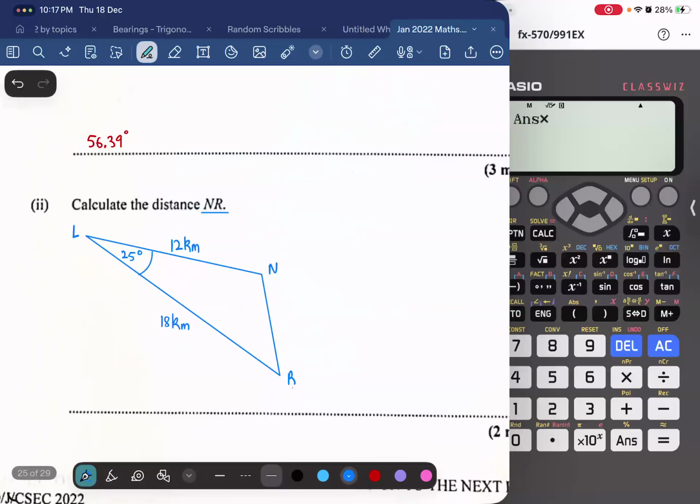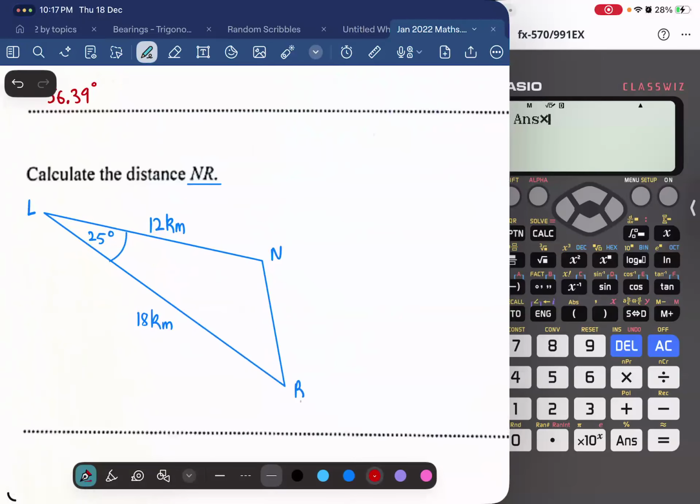Alright? So guys, if this is angle L, what do you think this could be? This will be side L. Nice. If this is angle N, what do you think this could be? Side N. If this is angle R, what do you think this could be? Side R. Nice.